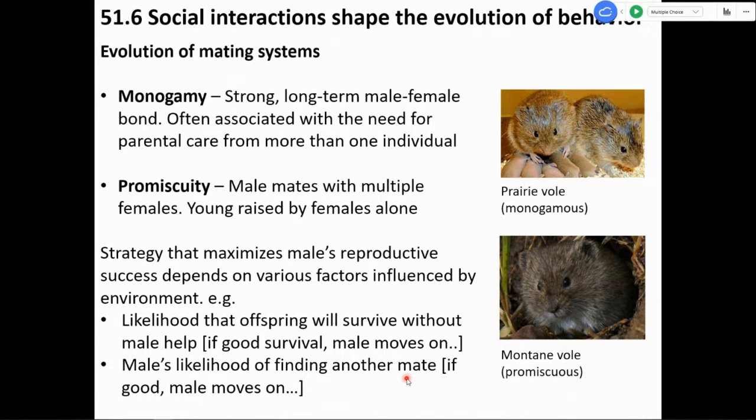If, however, you lived in some kind of environment where if you ran away there was a low chance of that offspring surviving, then you would be more likely to stay and help raise it. If also you lived in an environment where if you ran away you just couldn't find another mate, well, there's no point, so you might as well go back and make sure that the individual you've already produced has got the best chance of survival.